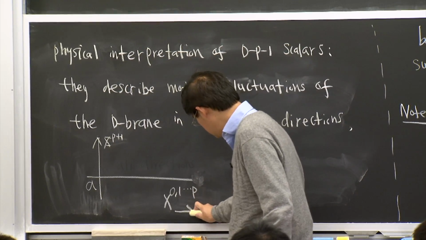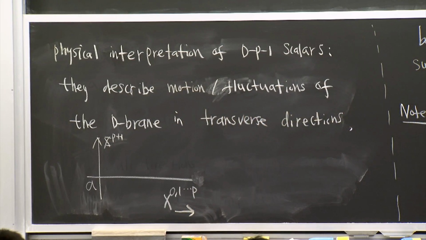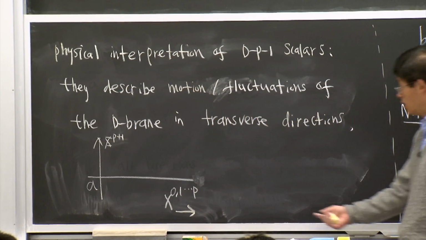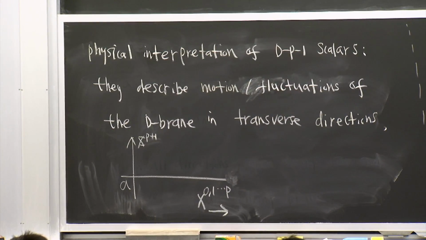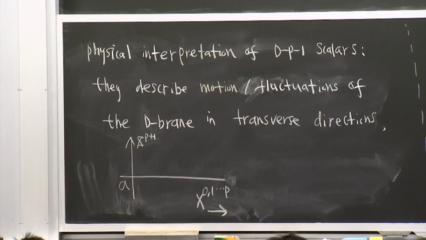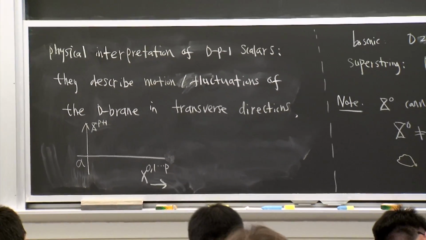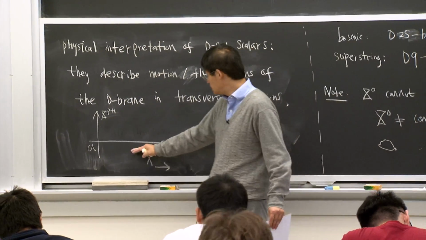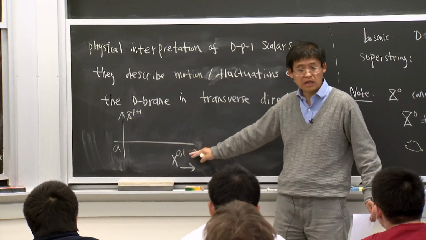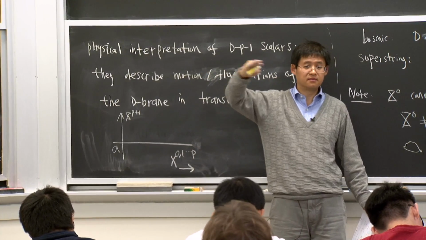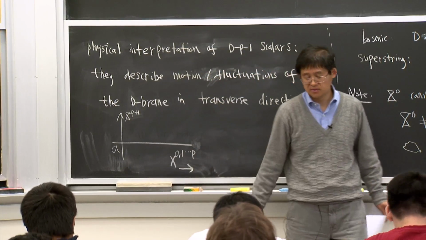When we impose the Dirichlet boundary conditions, that boundary condition does not depend on the values of x0 to xp, so they are the same everywhere. That's why I draw it exactly flat.